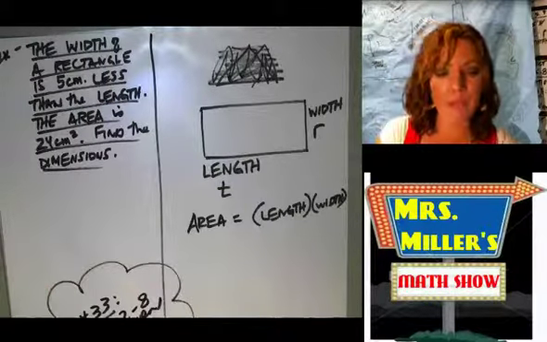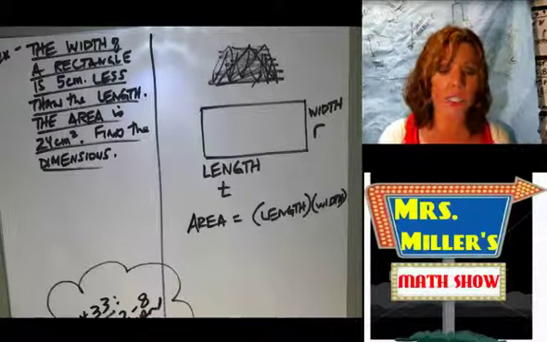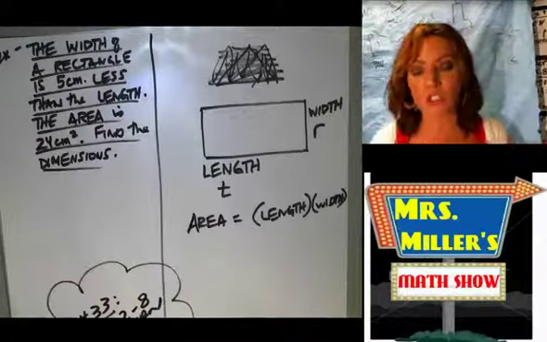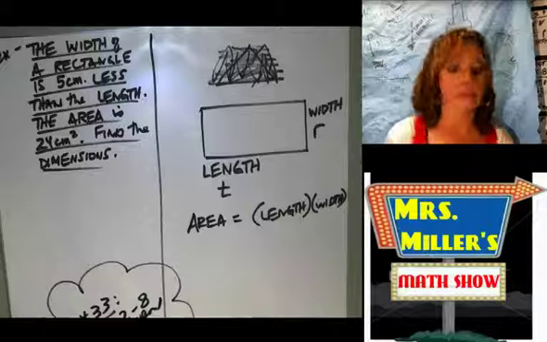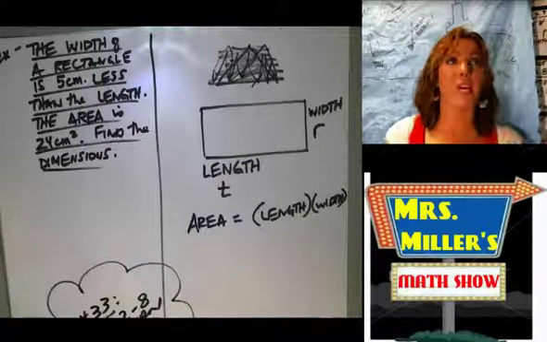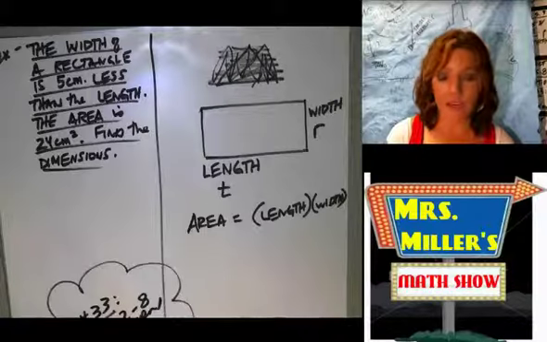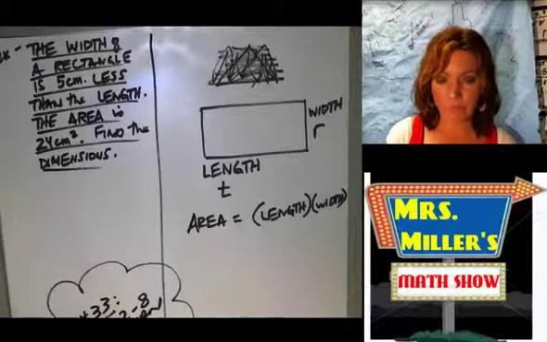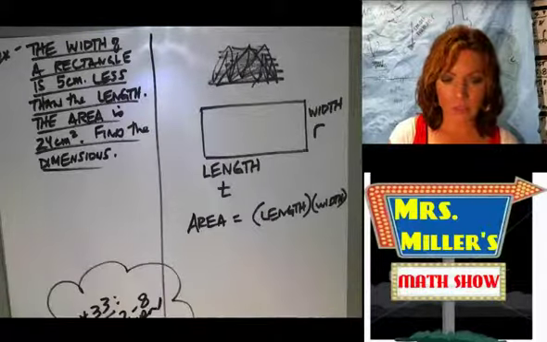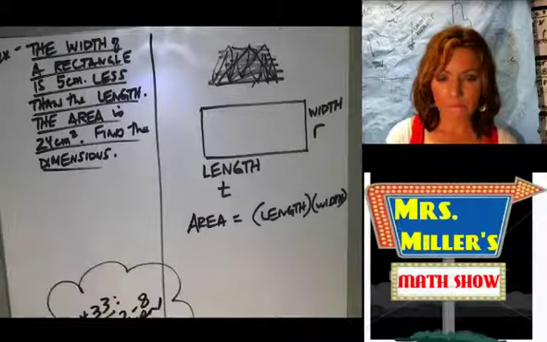It says something about the area. It says something about the width relative to the length. So, what do you guys think? Can someone tell me what to plug in where, here, into our formula? Zach? Plug in 5 for the width.